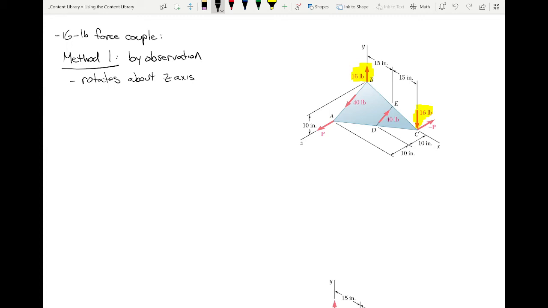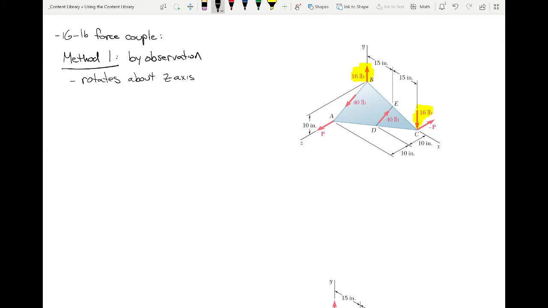Now, let's use that right-hand rule, okay? So point your thumb in the direction of the z-axis and ask yourself, is this going to cause positive rotation about the z-axis or negative rotation about the z-axis? Negative rotation about the z-axis. That's exactly right.